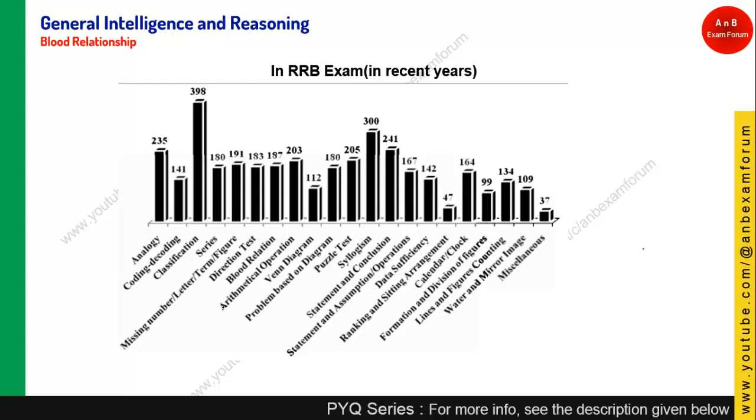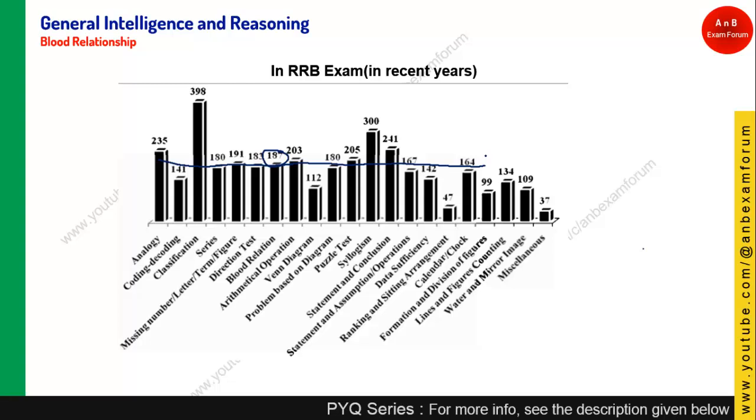So students, this topic is very important in all competitive examinations. Whether you take SSC, CGL, a clerical exam, or a PO exam, any exam you take, you will find one or two questions from blood relation. And if you see the RRB exam pattern, you will find it is the most relevant section, asked in all the years.